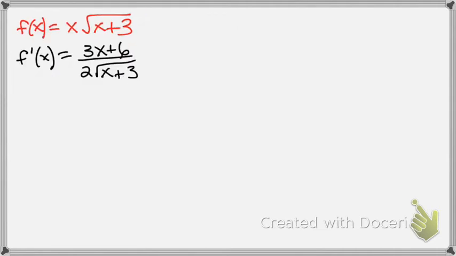So now I'm working on my second derivative, which is going to be a quotient rule. So you might want to do the derivative of the top and the bottom separately. I can do the derivative of the top pretty easily. The derivative of the bottom, the derivative of this, 2 times (x + 3)^(1/2).